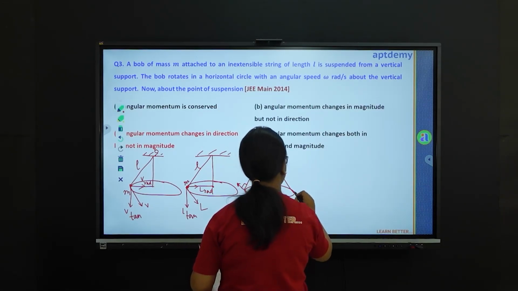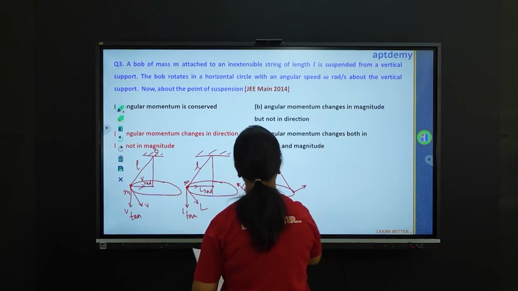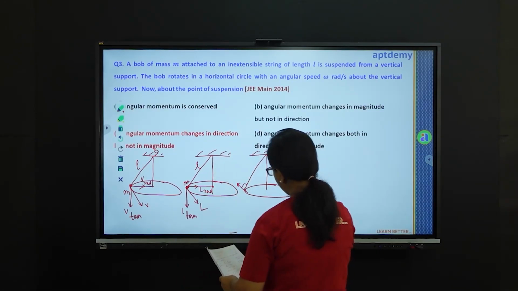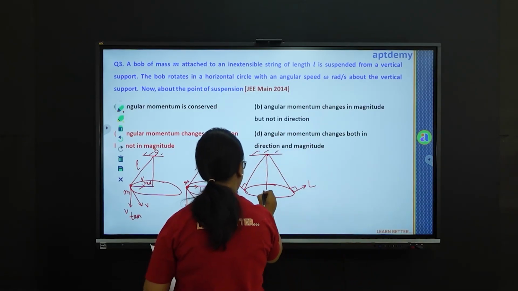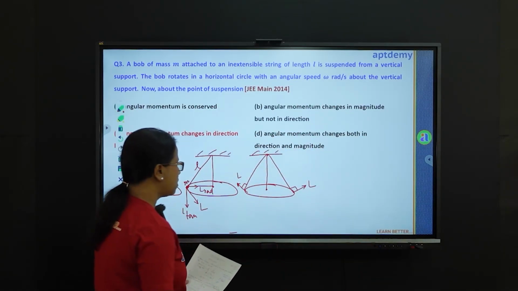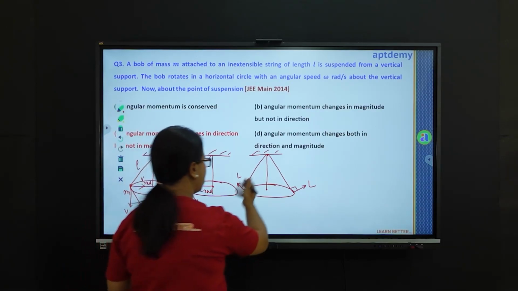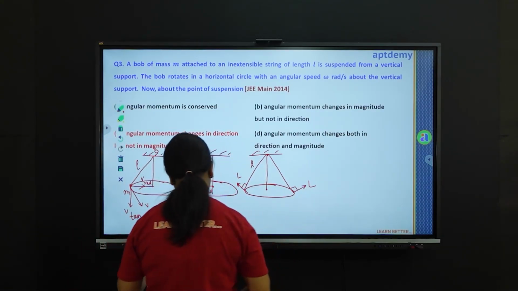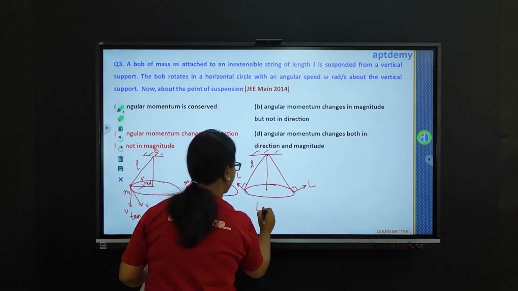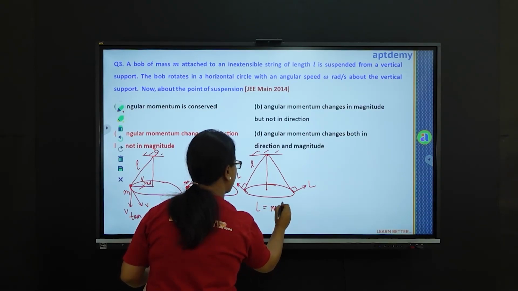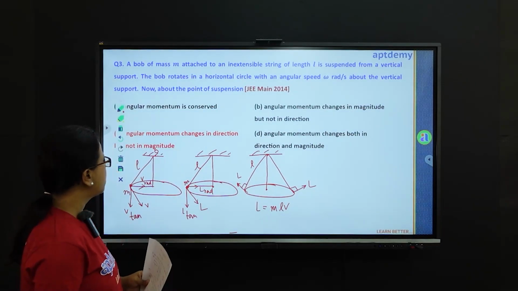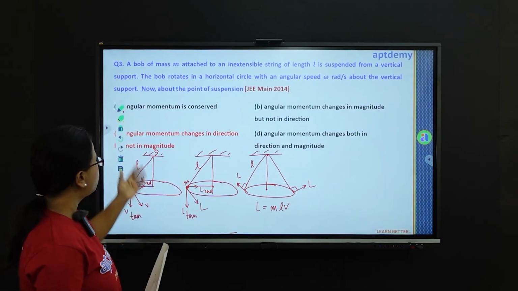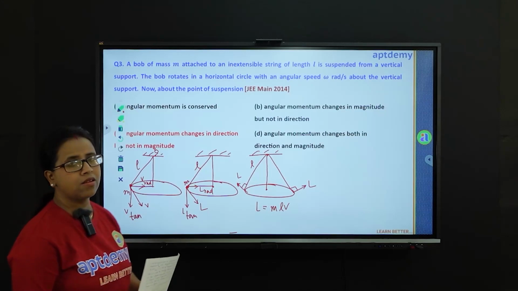Trying to plot this, we'll have this in fact. These are the directions of the angular momentum. So you can see very well that the angle made is a right angle and the magnitude here is nothing but m l v. So this is in fact a constant. So we'll go here with option C as the correct one.